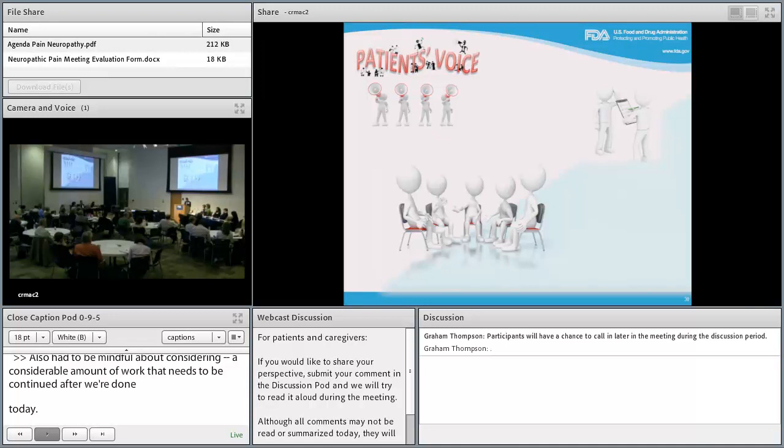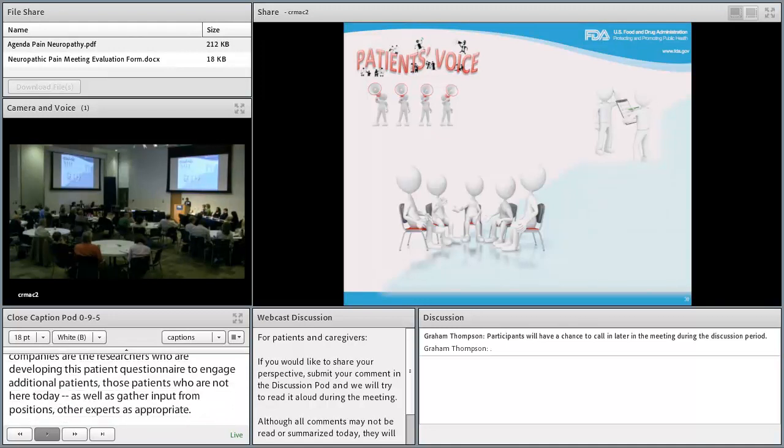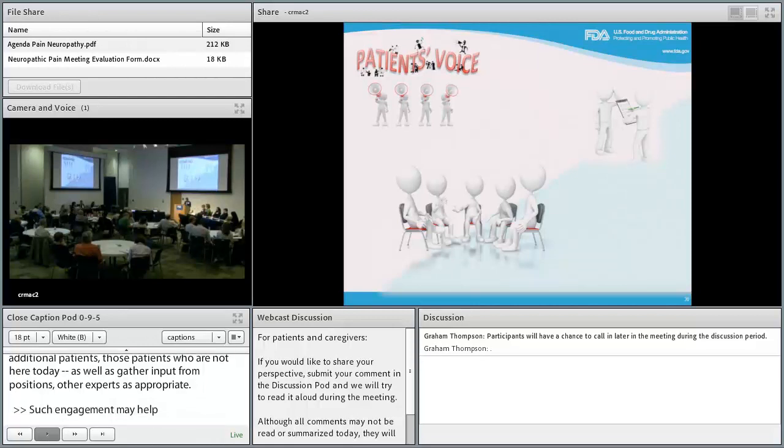Such engagement may help confirm the questionnaires include patient-relevant information, and ensure the questions and instructions in the questionnaires are clear and understandable across the patient population before they are incorporated in clinical trials.